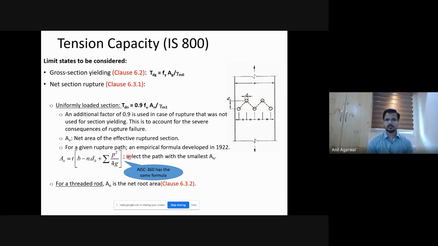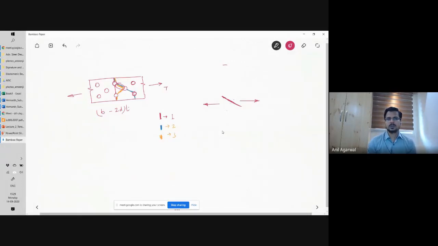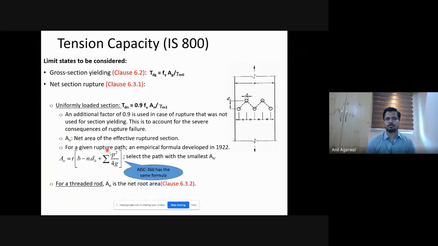So you can consider all such possible paths. You can consider 1, 2, 3, and do the calculation and see whichever one gives you the smallest A_N value. In this expression you see B minus n D_h: B is the total width minus the number of holes through which the path is passing times the diameter of these holes. That was straightforward.